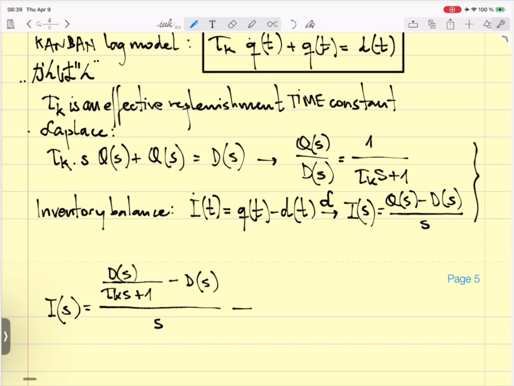So as a result, the transfer function of the inventory and the demand equals 1 divided by tau sub k s plus 1 minus 1 divided by s.